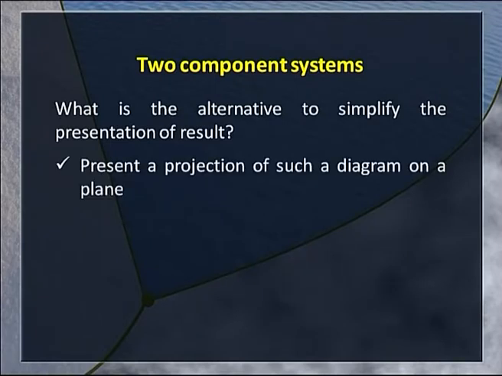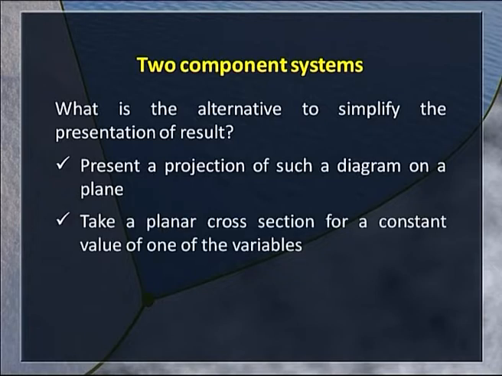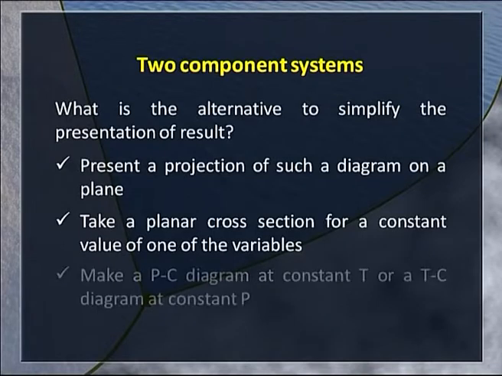We can do a projection of such a diagram on a plane, or take a planar cross section for a constant value of one of the variables. We do that so that we can construct a PC diagram at constant temperature or a TC diagram at constant pressure. Is it possible to simplify the study further?